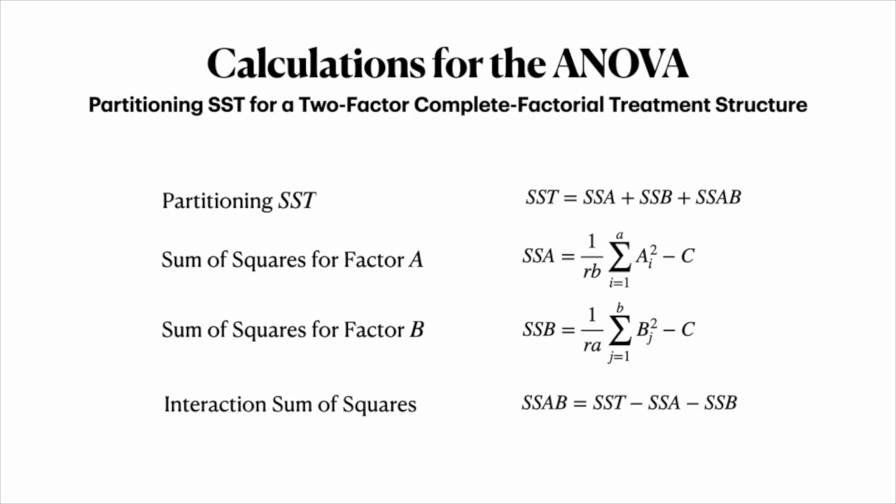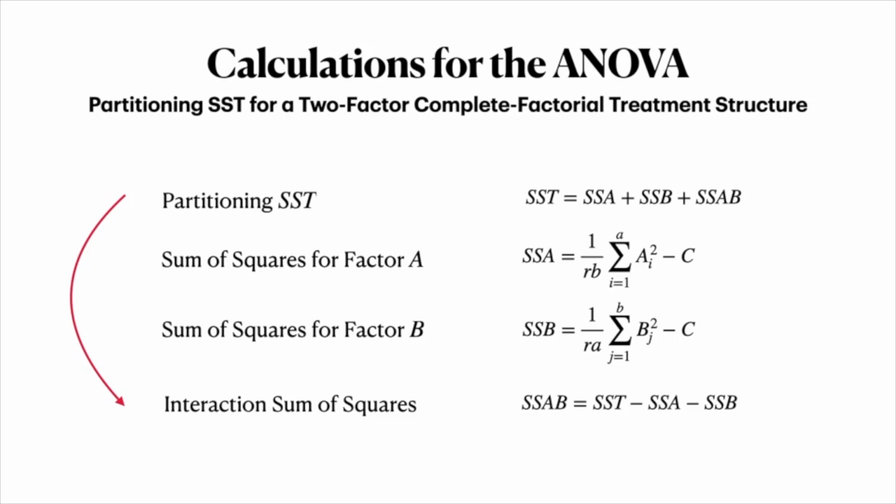Now, once we have SSA and SSB, and you'll recall that we already have SST because we've already constructed the basic ANOVA table, then we have 3 of the 4 unknowns in that first equation.